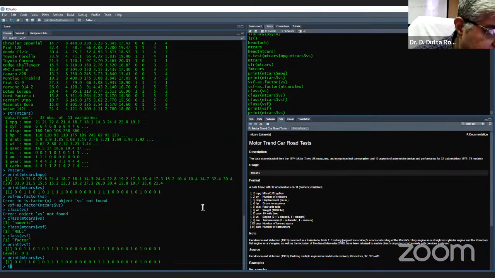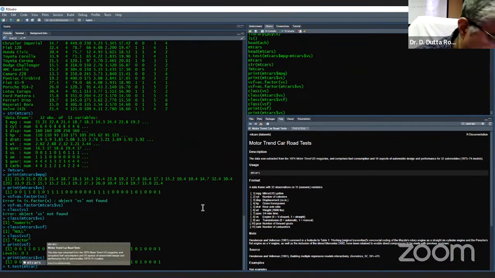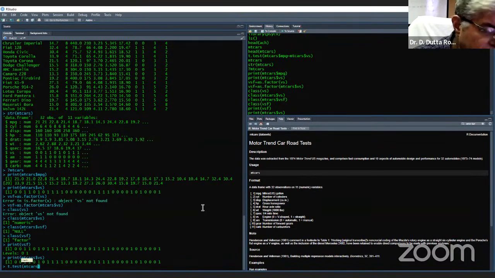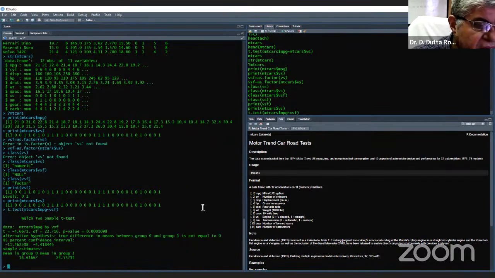Now, if you write t.test bracket mtcars dollar mpg, then tilde, then vsf. This is the result.